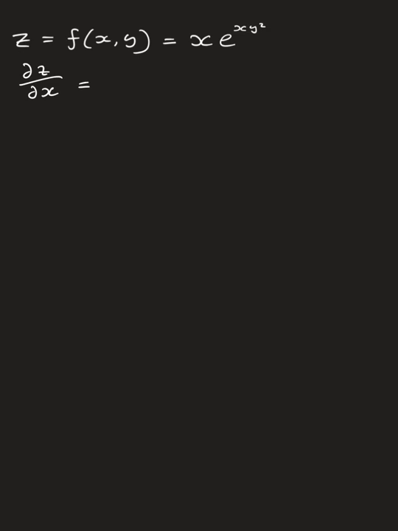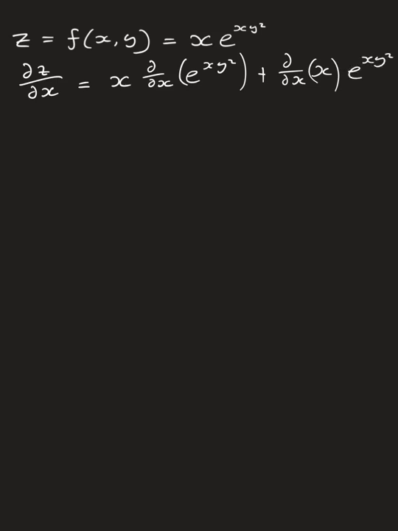So we treat y as a constant here and we differentiate with respect to x. So we will need the product rule first. So that's equal to x times the derivative of e to the power of xy squared plus the derivative of x times e to the power of xy squared.